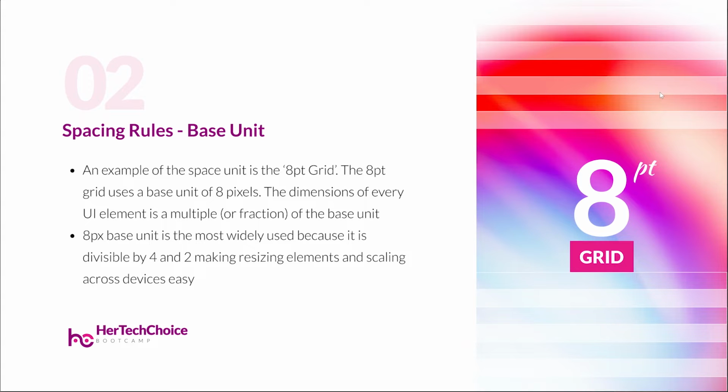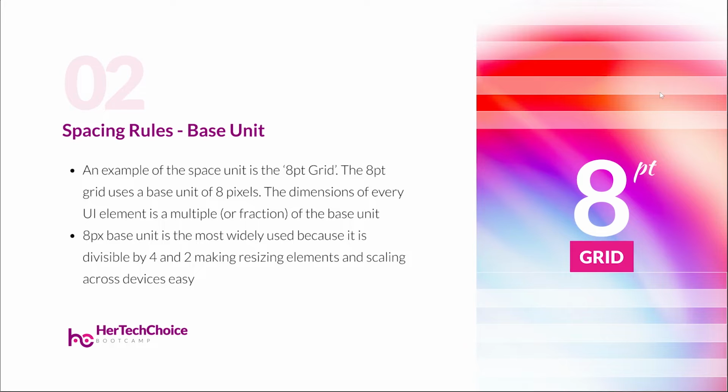Thus, a spatial system must be used by the designer to maintain a consistent product and reduce the time the designer spends on communicating and changing the design. The base unit allows you to create the scale of supported sizes in your spatial system.